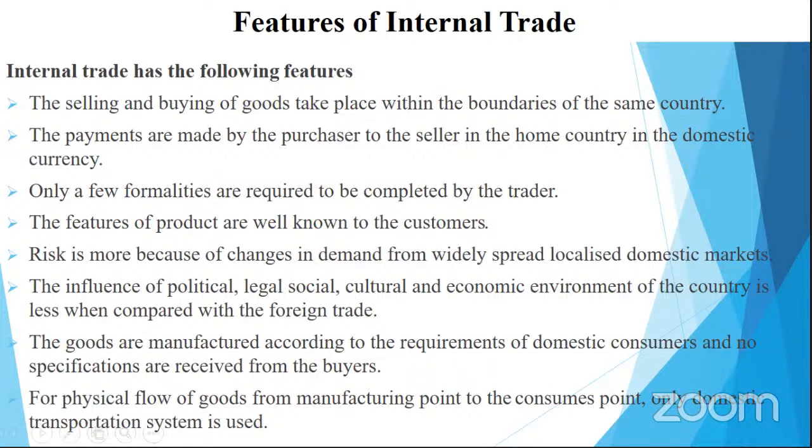Next, the goods are manufactured according to the requirements of domestic consumers, and no specifications are received from the buyers. For example, specifications means if we want to produce goods for different categories or criteria, such as for northern countries or cold countries, according to the weather.